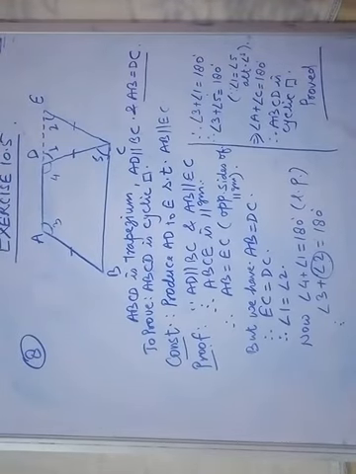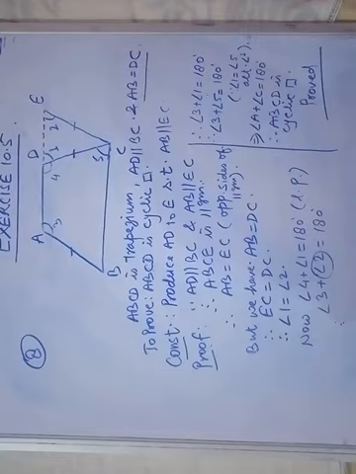This is question number 8 of this exercise. Now, the next question of this exercise is question number 9. If the circle is not taking two sides of a triangle as diameter of them, the point of intersection of the circle lies on the third side.